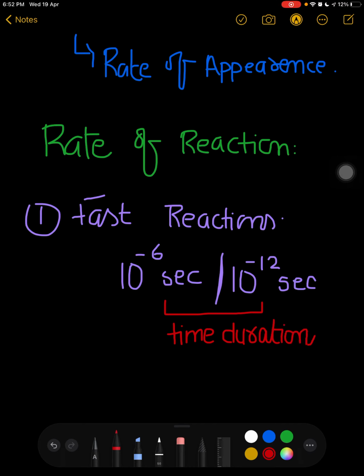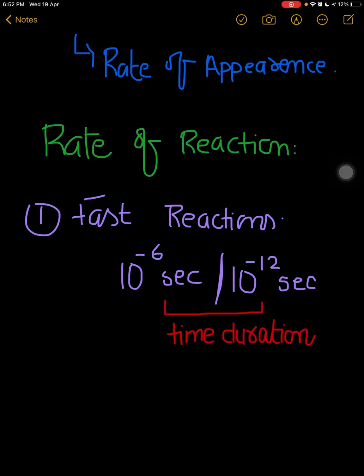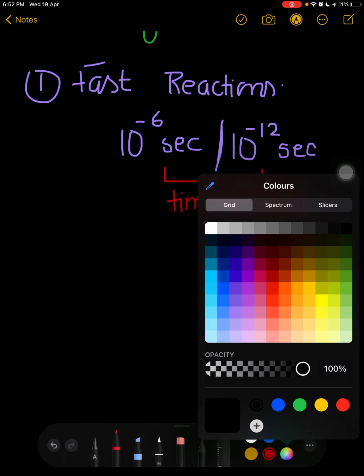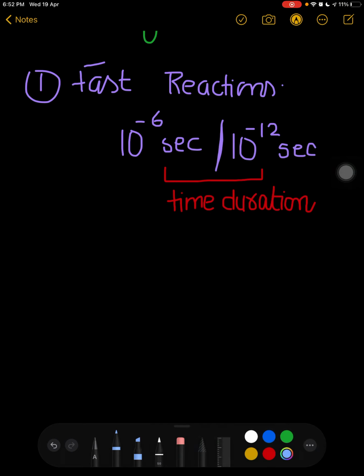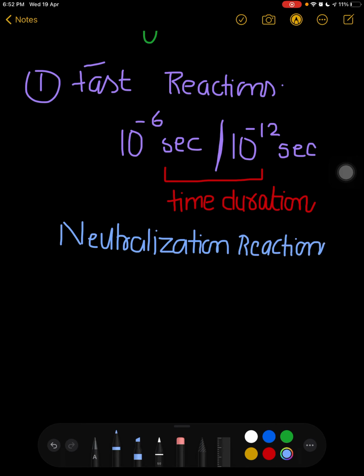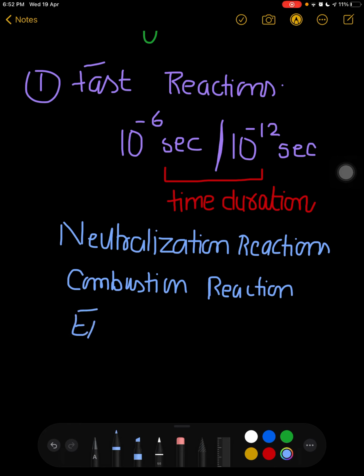If we talk about examples, for instance we have all the neutralization reactions, combustion reactions, and explosion reactions like a nuclear bomb, and precipitation reactions as well.